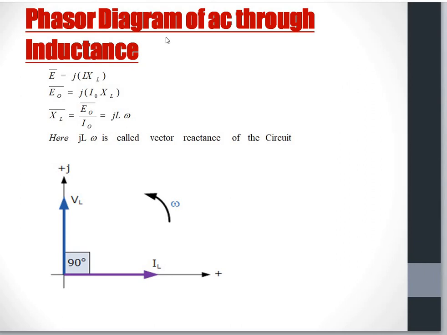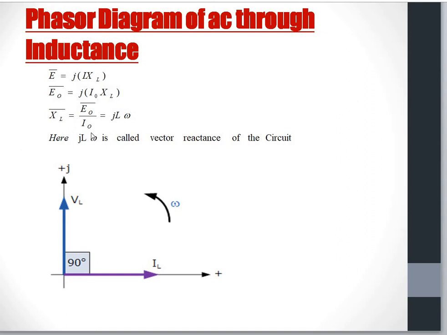AC through a purely inductive circuit. If the circuit contains an inductor only, we know that E is equal to j into I into X into L, which is j into I into XL. So here, we know that E0 is equal to j into I0 into XL, or XL is given by E0 by I0.